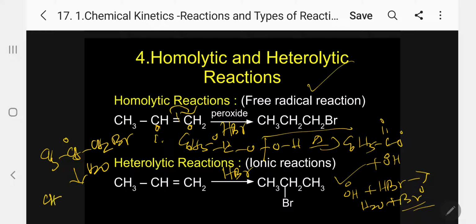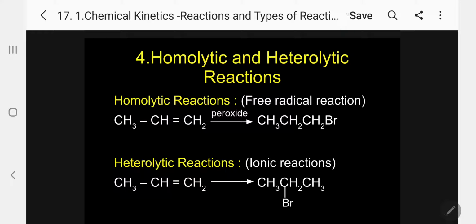So H dot will enter here giving CH3CH2CH2Br, and OH dot comes out from water. This again combines and goes out in the form of perbenzoic acid. Kindly follow. So this is the peroxide mechanism. That's why we are getting 1-bromopropane.